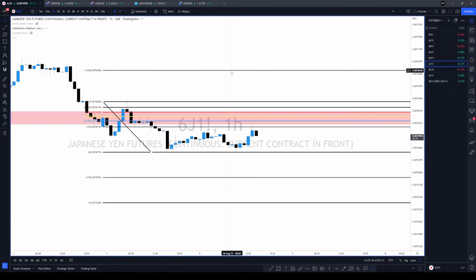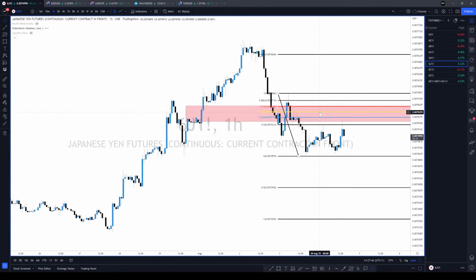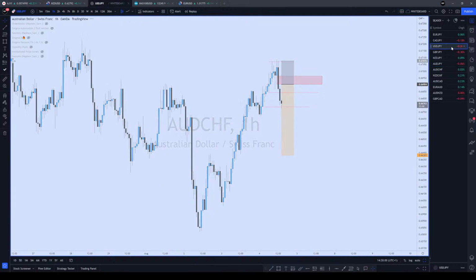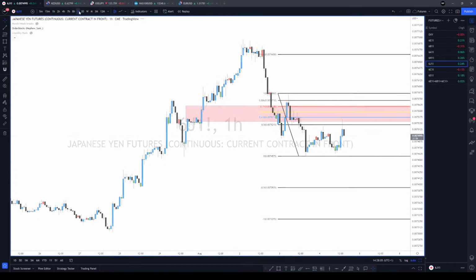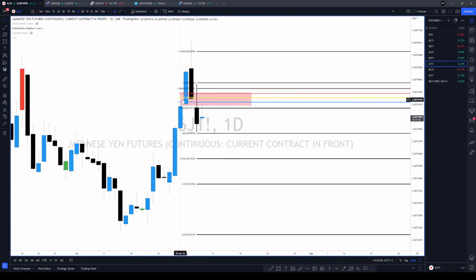Didn't quite get there, did it? So this is what I saw on the yen. That is why I was talking about this being OTE, because the yen traded to a volume imbalance on the daily time frame. So we have a gap here. It's a volume imbalance, and it's kind of an inside candle as well.